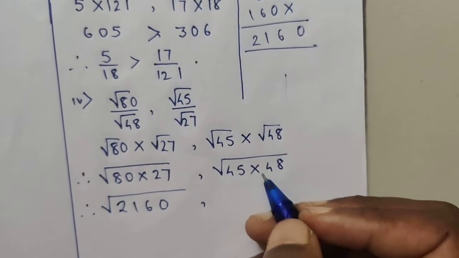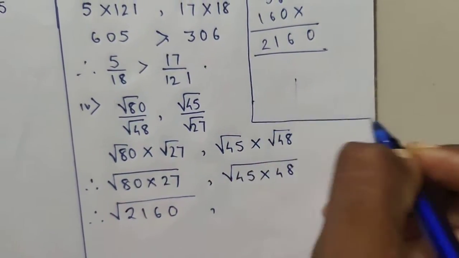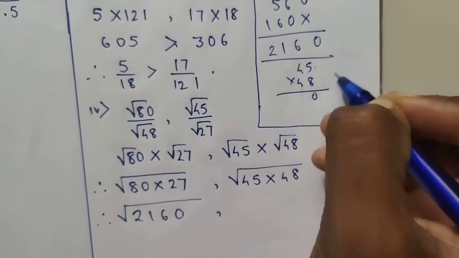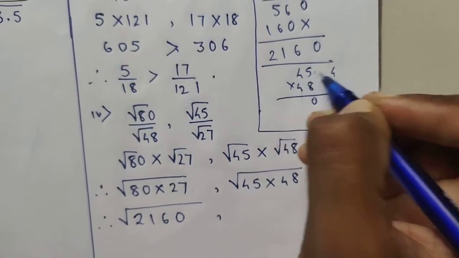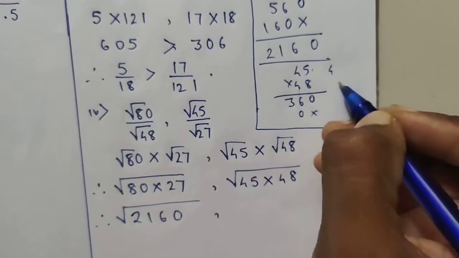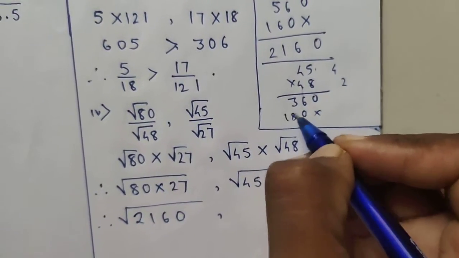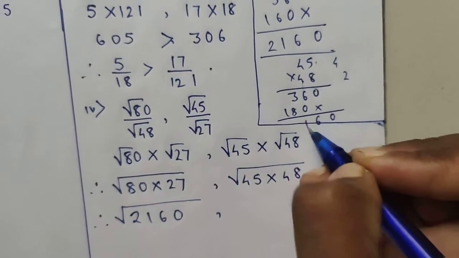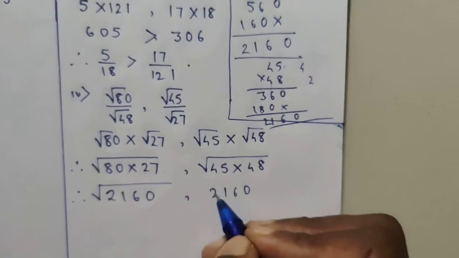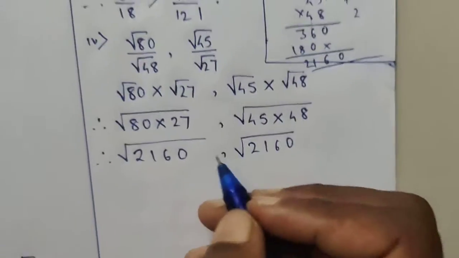And if you do 45 into 48, let us see what we are getting. 8 5s are 40, 4 carry, 8 4s are 32 plus 4 is 36. 4 5s are 20, 4 4s are 16 plus 2 is 18, and if you add it you are going to get 2160. So in this case we got the same numbers, right?